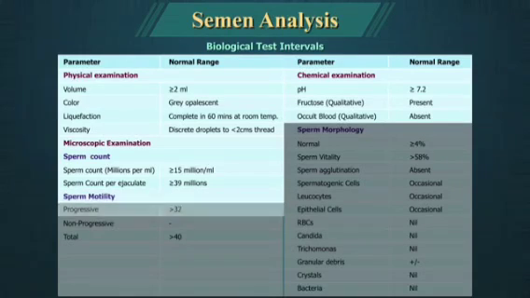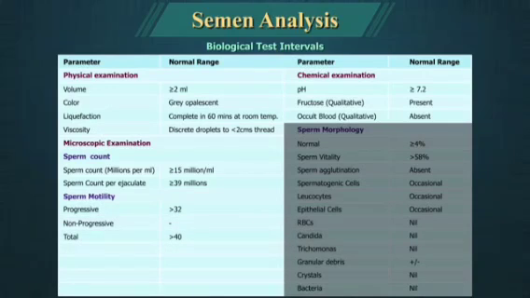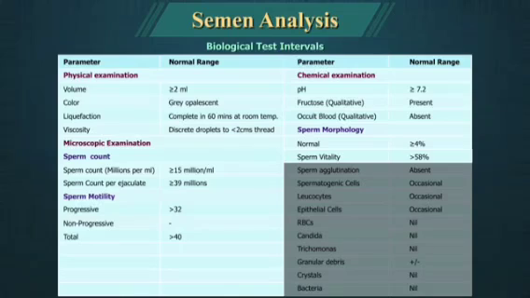Sperm motility: progressive motility should be more than 32%. Total motility should be more than 40%. The sperm morphology: normal sperms are more than 4%. Sperm vitality more than 58%.